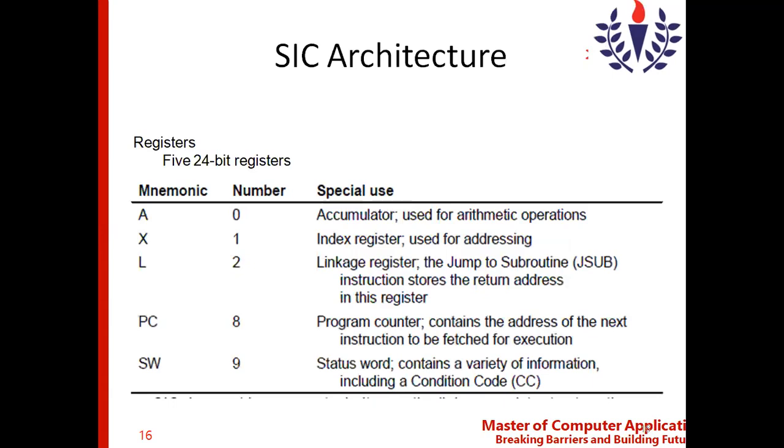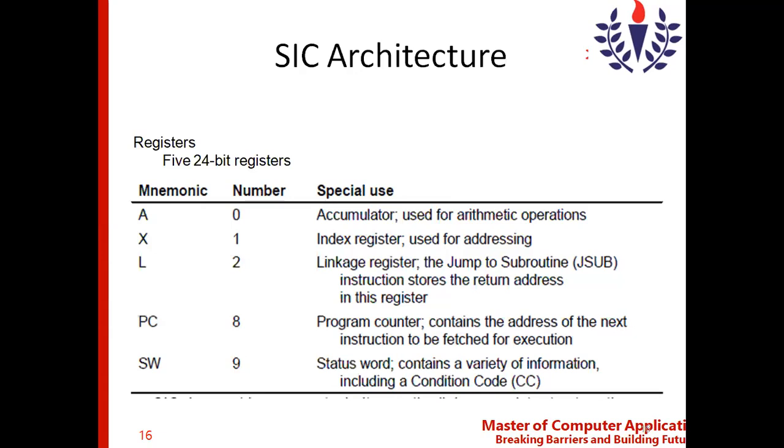Coming to the second feature, registers. We have 5 registers in SIC, each having a 24-bit capacity, so the data storage can be 24 bits. The 5 registers are A, X, L, PC and SW.